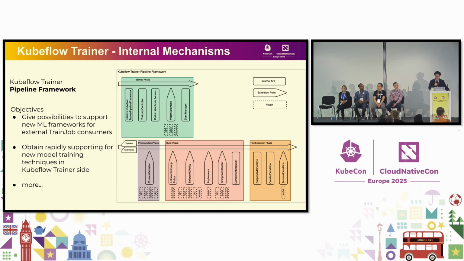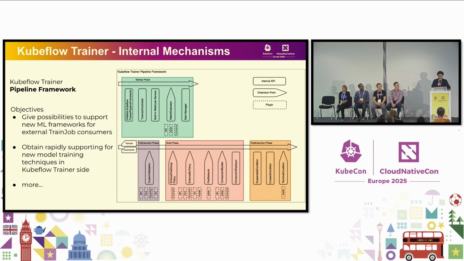In this slide, let me quickly iterate on our Kubeflow Trainer internal mechanism. In Training Operator V1, we have ML framework dedicated CRDs, something like PyTorchJob or TFJob. However, in Trainer V2, we consolidate all kinds of job CRDs into TrainingRuntime and TrainJob.